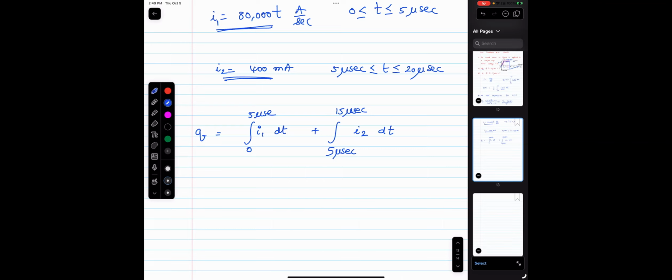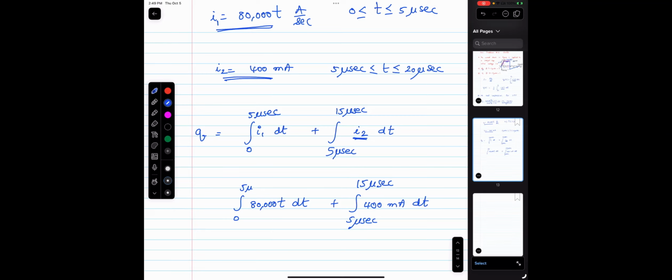We can write it as the integral from 0 to 5 microseconds of 80,000 t dt plus the integral from 5 microseconds to 15 microseconds of I2, which is 400 milliamperes, dt.